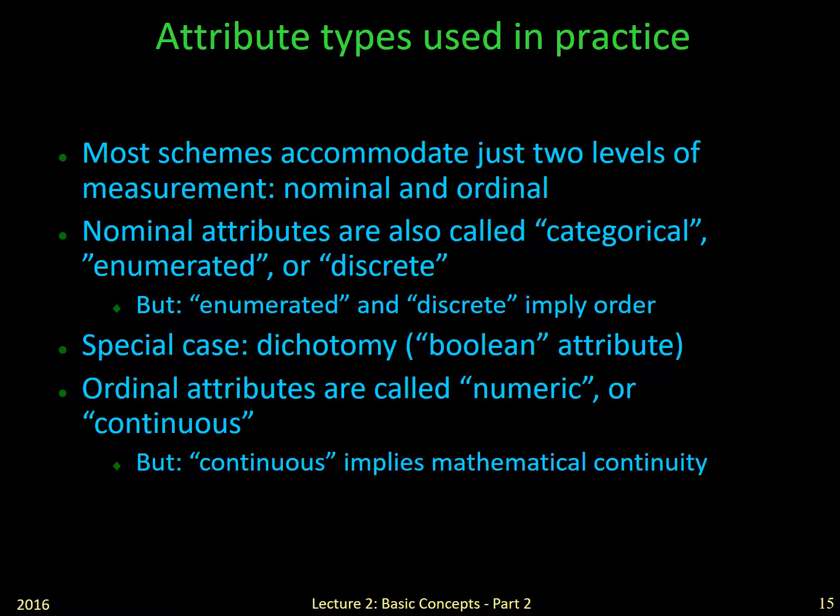So we just keep alert that it might be confusing sometimes. So watch out for the terminology, try to understand what it really means. As I said before, we are going to use mostly numeric values and nominal, categorical values.